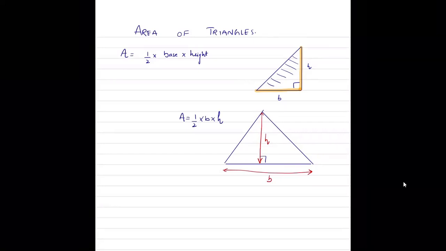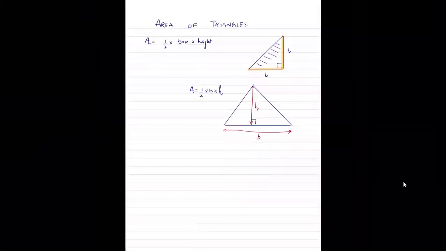Now what do you do if you have been given a non right angle triangle? A non right angle triangle with two given sides, let's say A and B, and you have been given this angle.